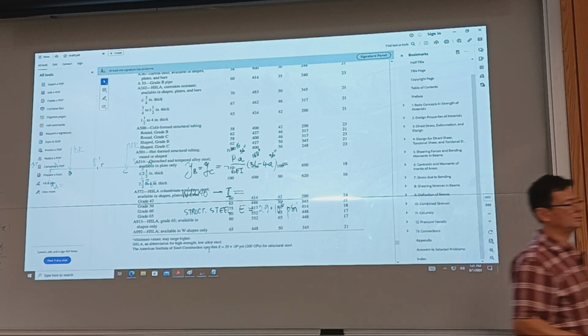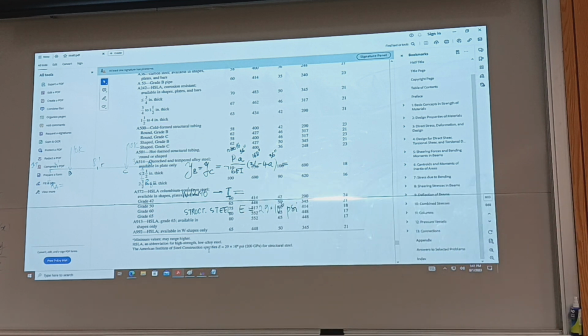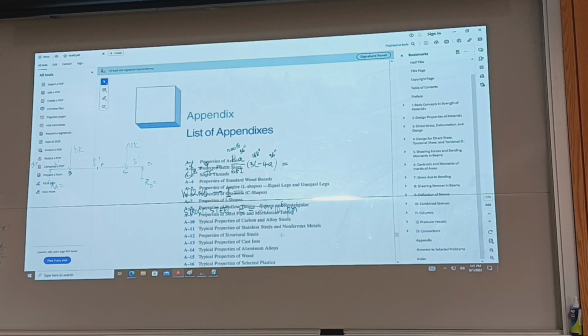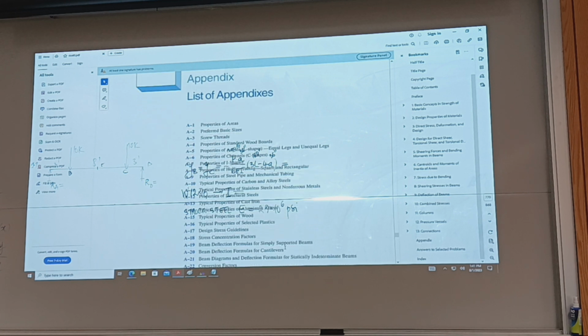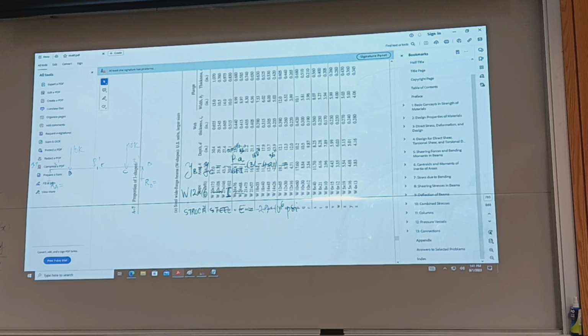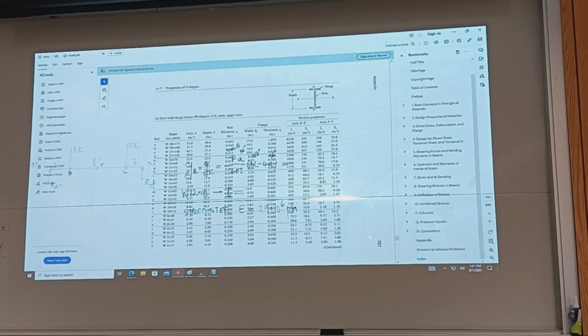As for W12 by 16, it's what it is, 12 by 16, yes? So appendix, and we have hollow, square, rectangle, I shapes. 12, 16. So that is this one, right?